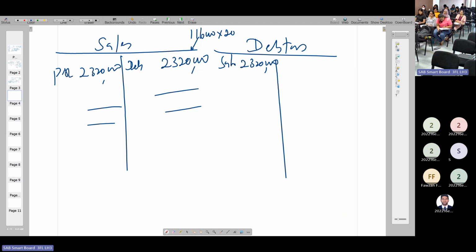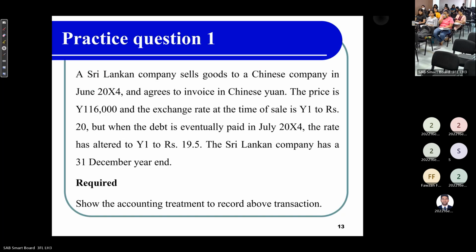Then this is settled after the reporting date, right? That means at the end of the reporting date, you need to consider the settlement. Settlement paid in July 2004, year end 31 December.